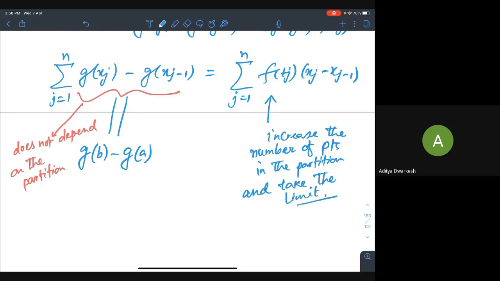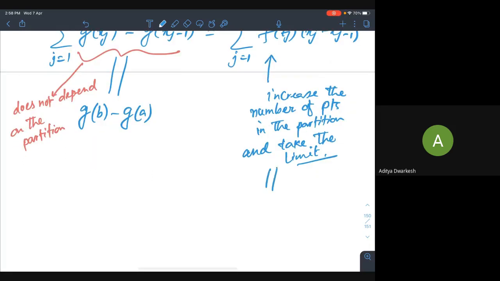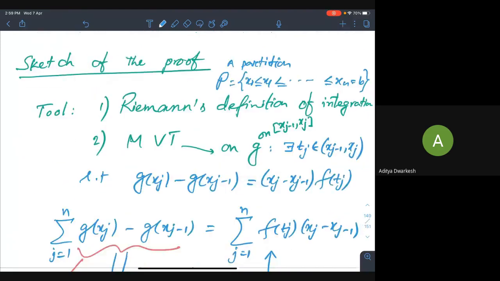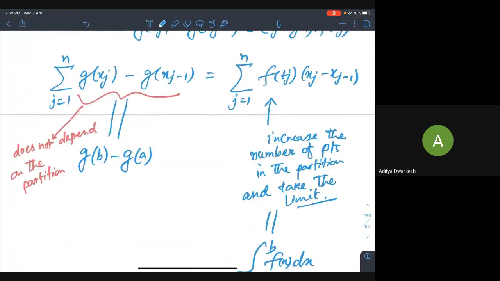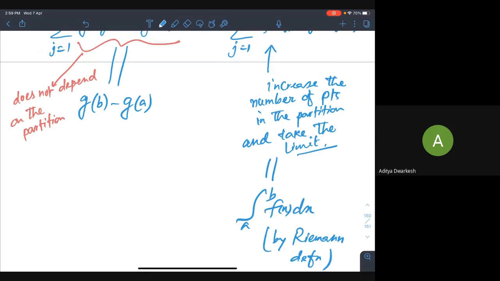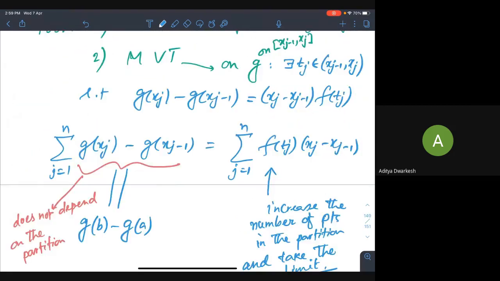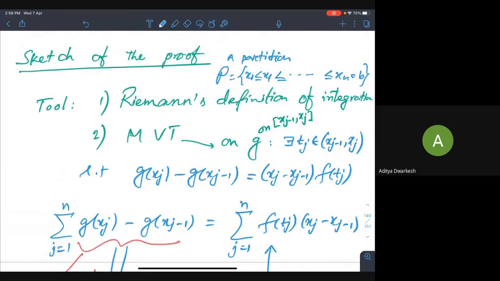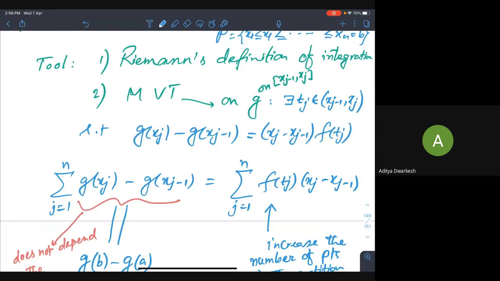As per the definition of Riemann, this gives you the integral from a to b of f(x) dx by Riemann's definition. You used tool one, Riemann's definition, here: this side gives you the Riemann integral, but the other side gives you g(b) minus g(a). That's the proof, right? So use these two tools: use the mean value theorem and take summation on both sides.